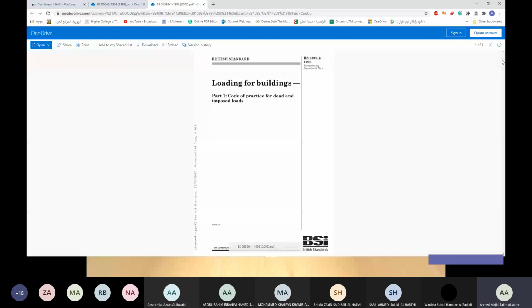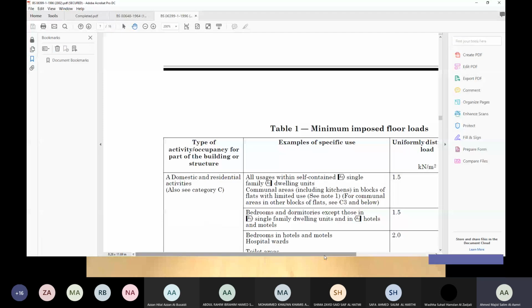Now you can see that for live load we have different categories. The first category is domestic and residential activities. For example, if you are designing a villa, that should go under category A. For regular rooms, it's going to be 1.5 kilonewton per meter square. Bedrooms are 1.5. For bedrooms in hotels and motels, it is going to be 2. And it goes on.